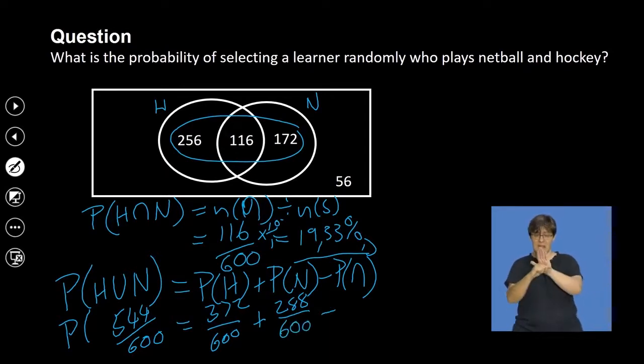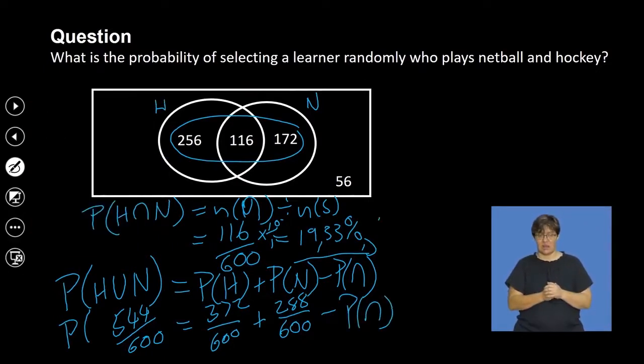And minus those in the intersection, well, we're going to have to make sure that we subtract the probability of 116 divided by 600. Now, guys, if you do that, you will find that, sorry, I just want to correct something here. We were wanting to find what the union was. So if you do those calculations, you will find that they're equal to each other. So this value will be the same as if you add all of those together and you solve for it.